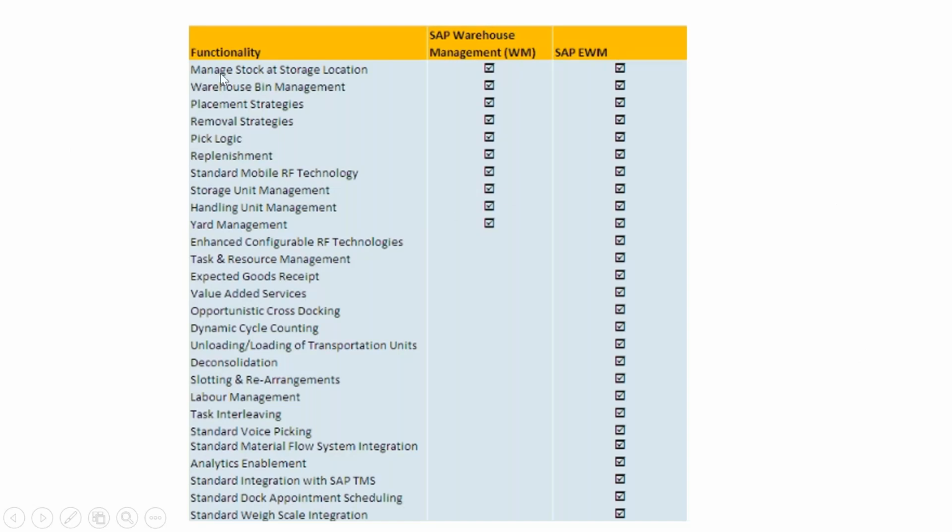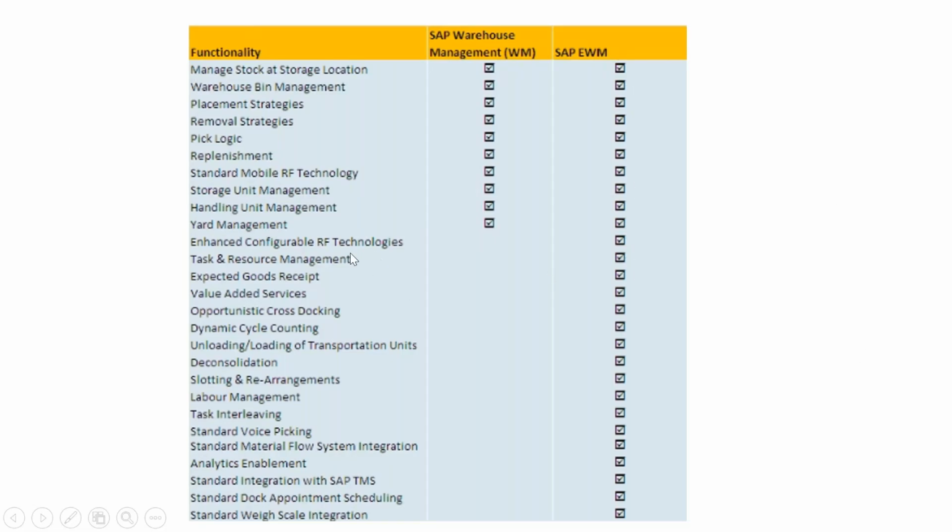Again, the standard RF technology, handling unit management, or ad management have to be customized in warehouse management. They cannot be used in the standard warehouse management. But in EWM, the standard RF technology, storage unit management, handling unit management, ad management can be used in the standard also. They are very advanced now.